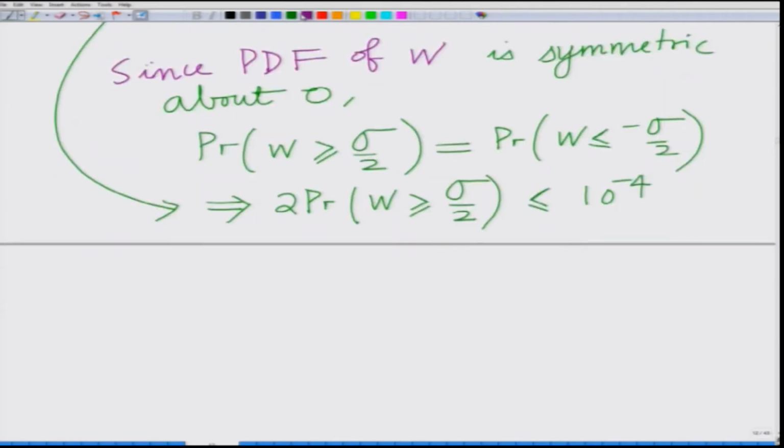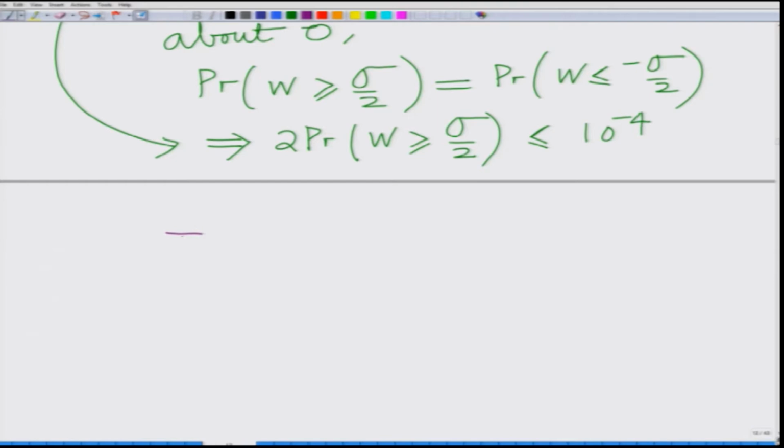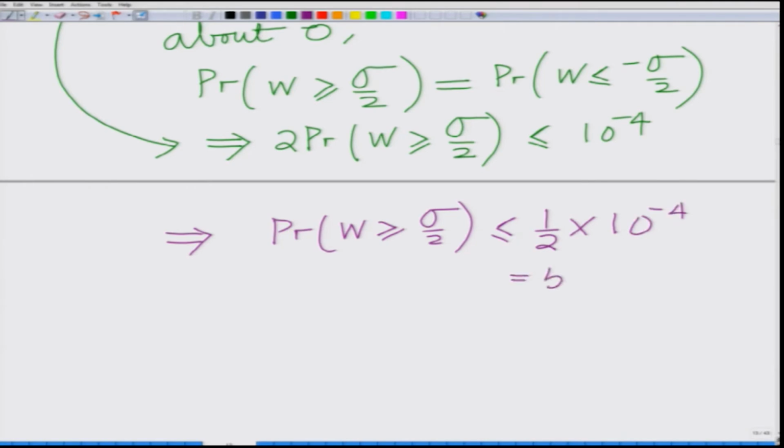Taking this factor of 2 to the other side, the probability that w is greater than or equal to sigma by 2 has to be less than or equal to half into 10 to the power of minus 4, which equals 5 into 10 to the power of minus 5.